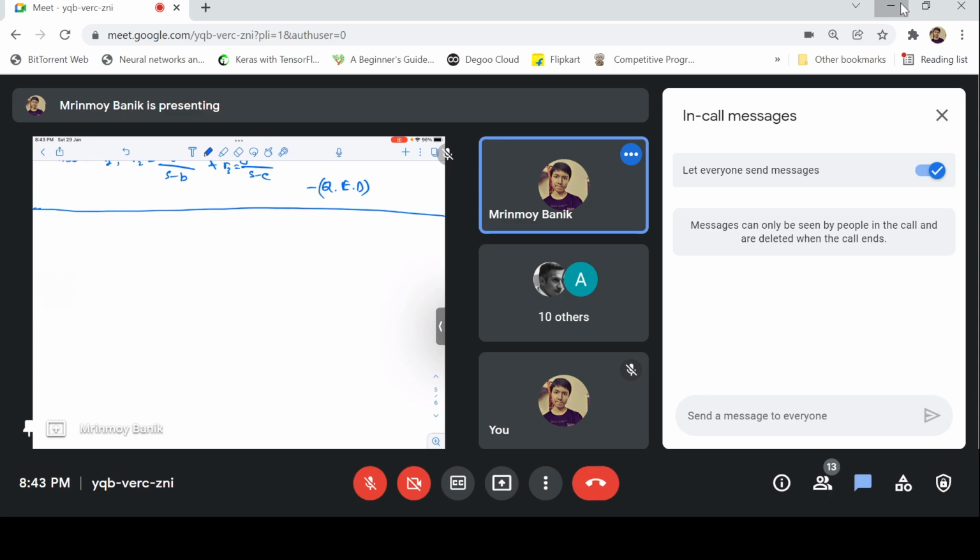So we got this term. It's obvious that we can get the rest of the terms: cos A/2 is (R minus R1) by R1 and cos C/2 is (R minus R3) by R3.